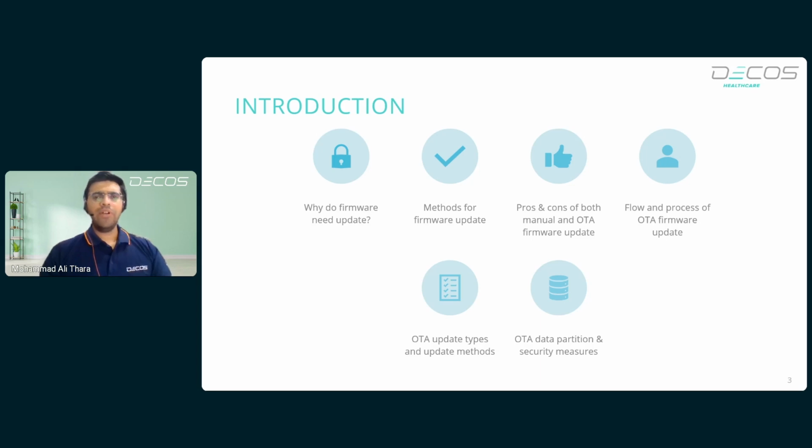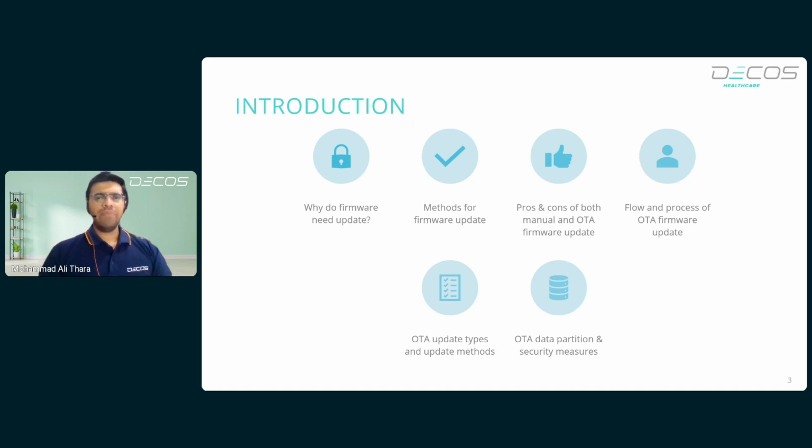The OTA update process follows a structured flow including stages like preparation, secure transmission, validation, installation, and post-update verification. This approach minimizes the risk of device malfunction and provides a seamless user experience.